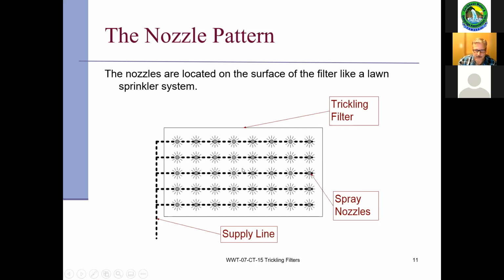If you have no flow here, which means you have no food and you have no O2, this area is going to start decomposing and you will have sludge issues or odor issues being caused here.